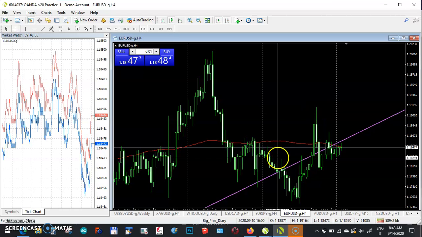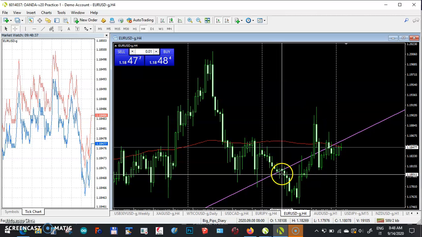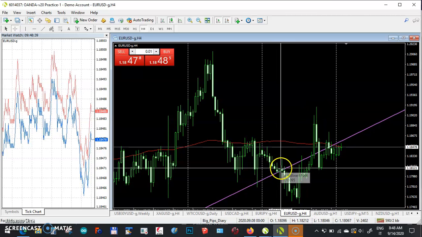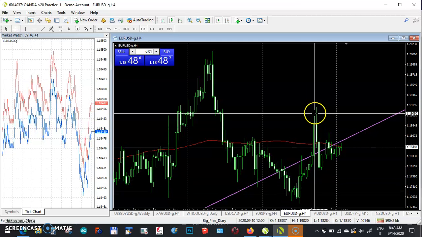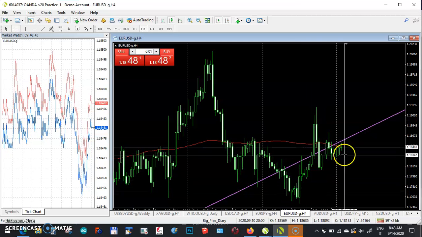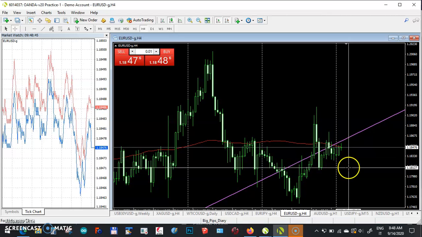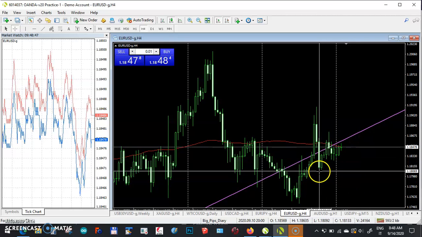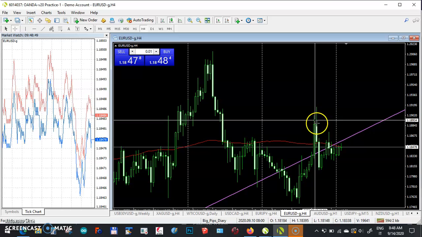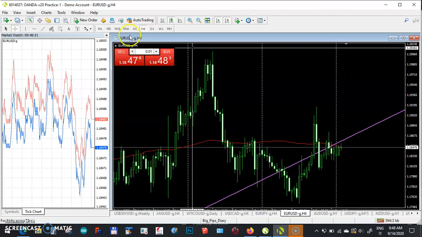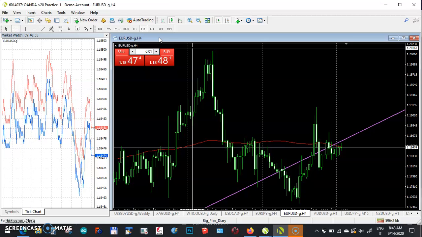It broke this trend line, the daily trend line, rebounded, and now is playing with the trend line, and is forming a triangle here.